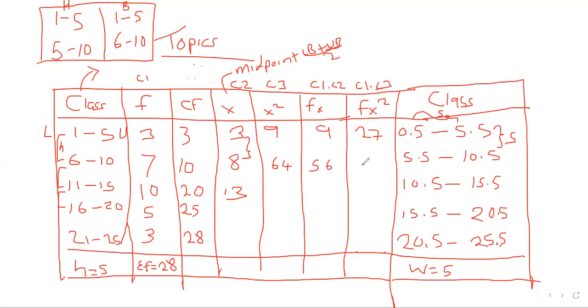How do we get the answer here? Multiply 7 times 64. What do we get? 64 times 7, we get 448.